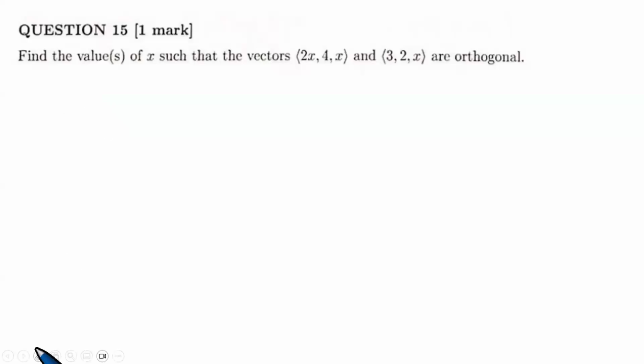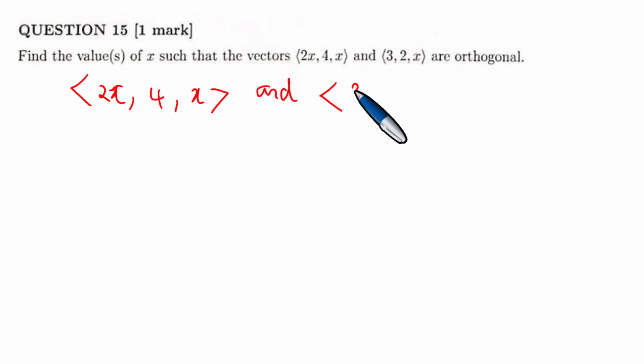So we've been given a set of 2 vectors, namely 2x, 4 with x, together with 3, 2, and x. So find the values of x so that these vectors are orthogonal.